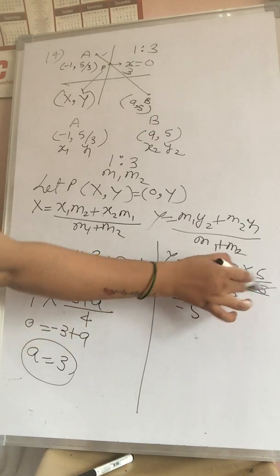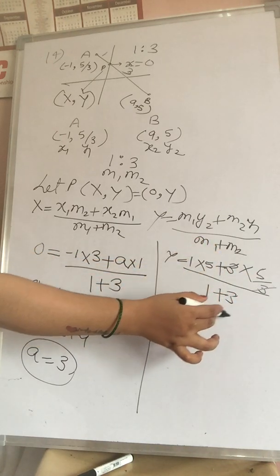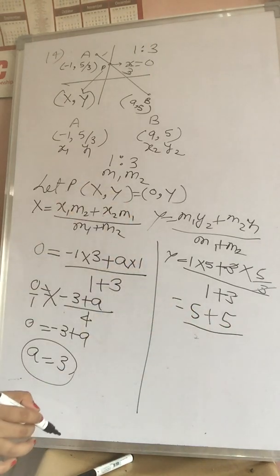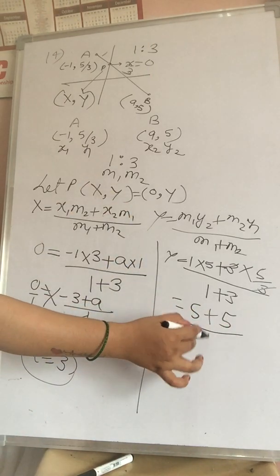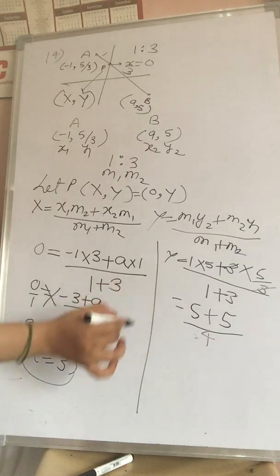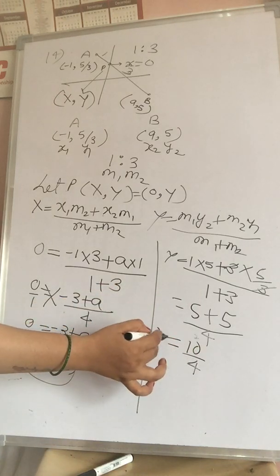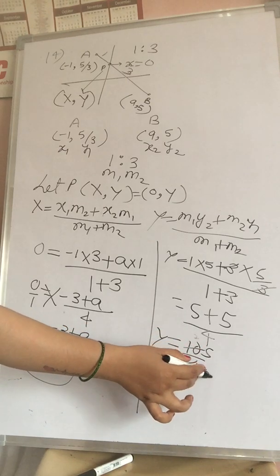The 3 cancels out, so 5 plus 5 upon 4, which is 10/4. This is the value of y, 5/2.